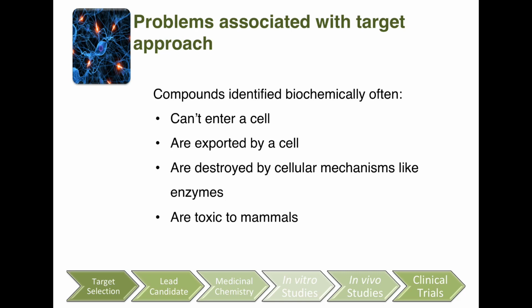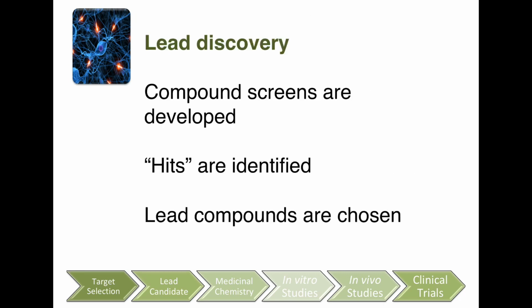It's a big hurdle to get past target identification and success in vitro and in vivo models. This is the biggest contributor to the failure rate from that 5 to 10,000 to 250 molecules. An alternative to targeted drug discovery is performing compound screens.